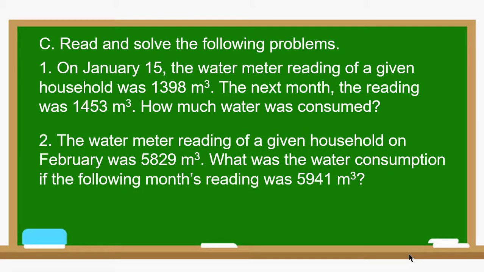Number 2. The water meter reading of a following household on February was 5,829 cubic meters. What was the water consumption if the following month's reading was 5,941 cubic meters?